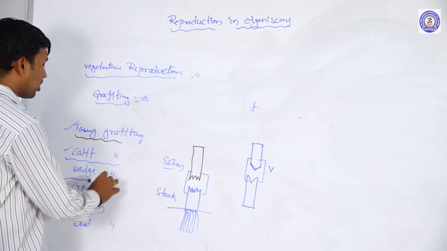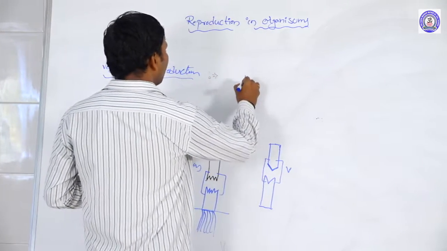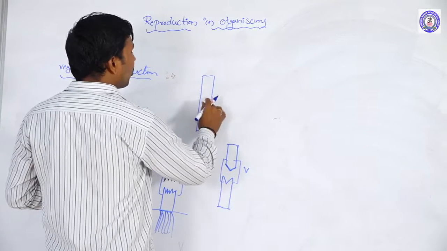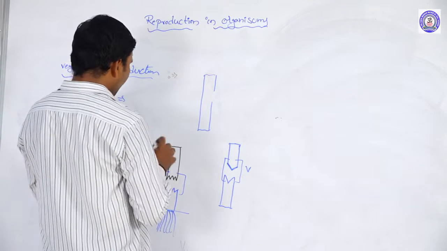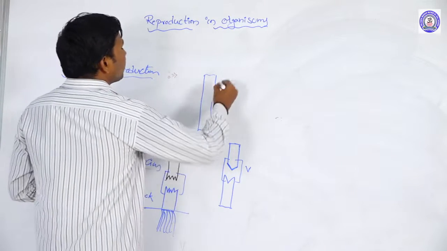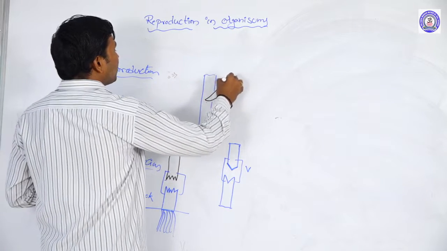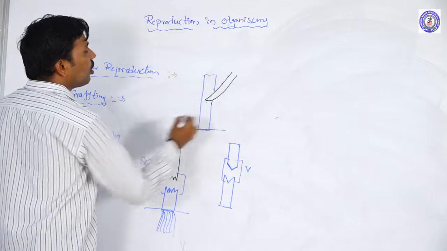And the wedge grafting. Wedge grafting means the edges of the stock with the scion. Here the stock and scion do not need to be similar in diameter. We insert the scion part into a wedge on one side of the stock.